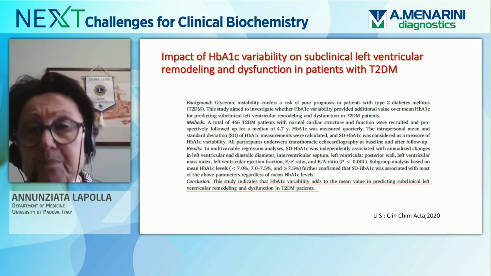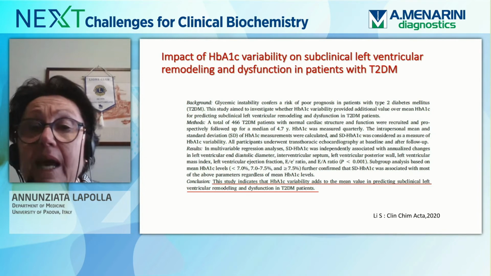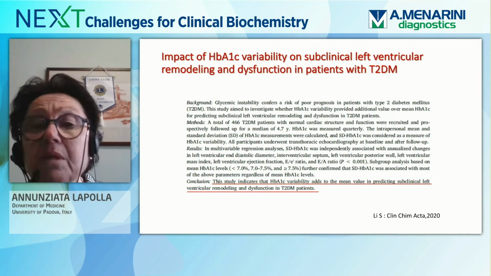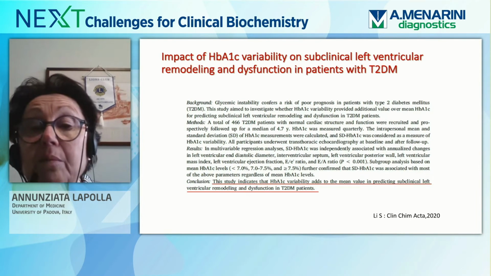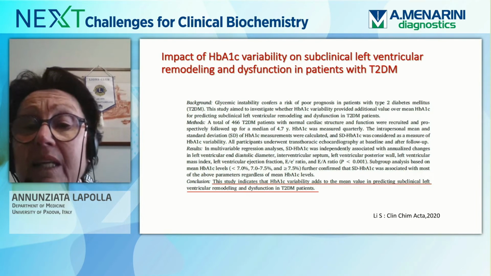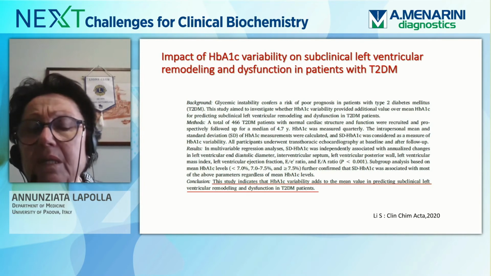In this paper, Lee and colleagues demonstrated that there is a strict relationship between HbA1c variability and subclinical left ventricular remodeling and dysfunction in patients with type 2 diabetes. 466 type 2 diabetic patients were evaluated, and the standard deviation was considered in terms of HbA1c variability.